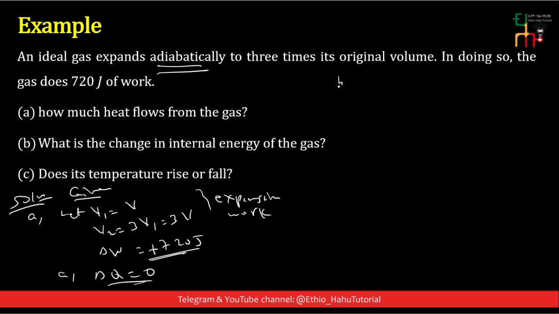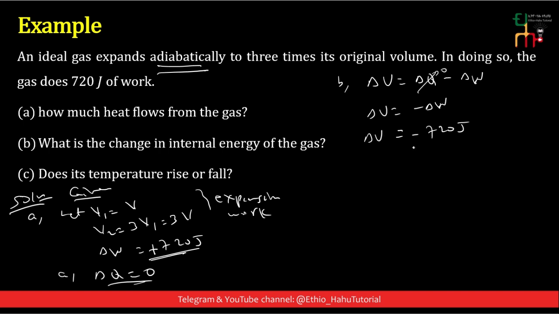B, what is the change in internal energy of the gas? The change in internal energy of the gas is equal to delta Q minus delta W from the first law of thermodynamics. Since delta Q is 0, delta U is equal to minus delta W. From the sign convention, delta W is positive, and this is equal to minus 720 Joule.